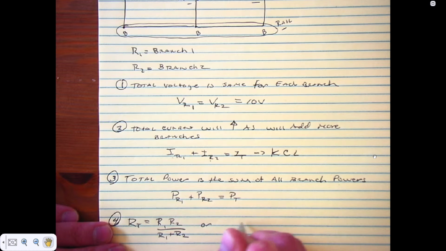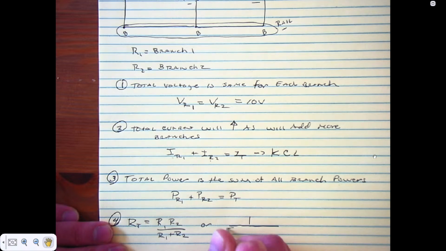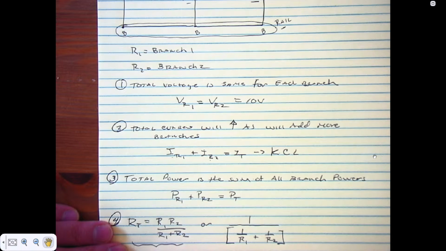Or you could do the inverse relationship of it. This would be 1 over the reciprocals, 1 over R1 plus 1 over R2. This one only right here is for two resistors or two loads.